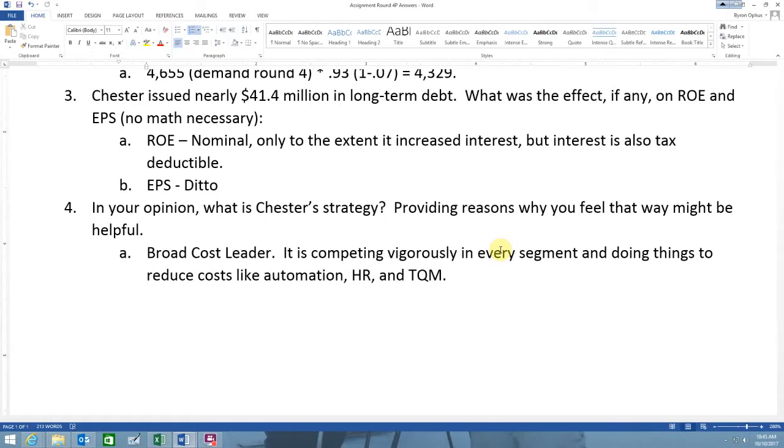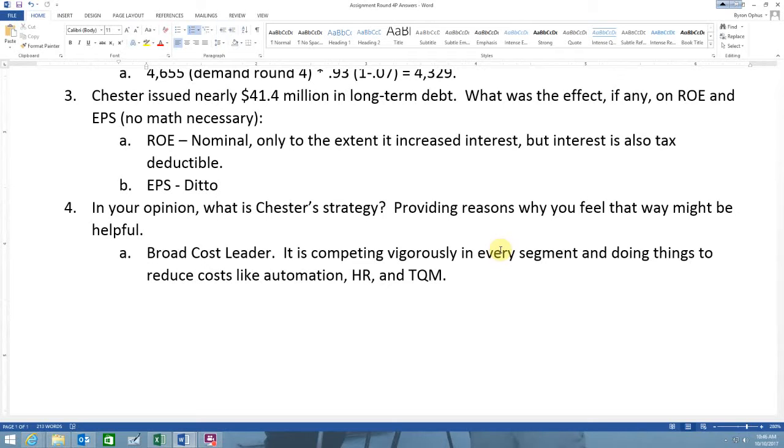So I can rule out really 4 of the 6 possible strategies. It's not life cycle at all. I can rule that out because it's competing in performance and size. So it's definitely not life cycle, there's 2 of them gone. It's not a low niche, because it's competing so much in the high end, so there's the 3rd one ruled out.